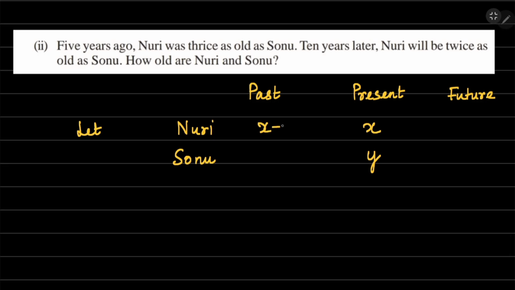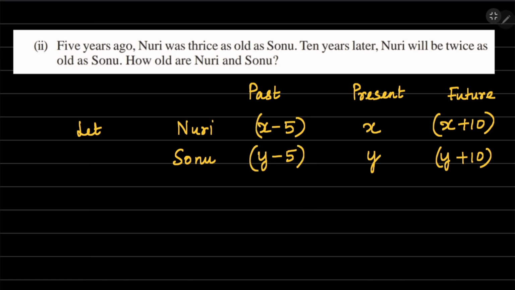It would have been x minus 5 and Sonu's age would have been y minus 5. 10 years later, that means after 10 years, what will be Noori's age? It will be x plus 10. And what will be Sonu's age? It will be y plus 10. Okay, these are the first things that you have to mention.